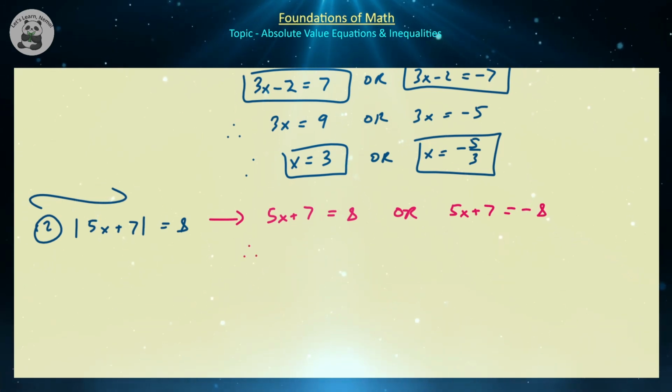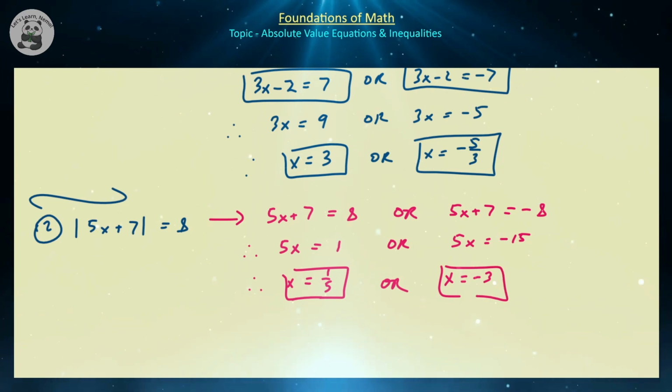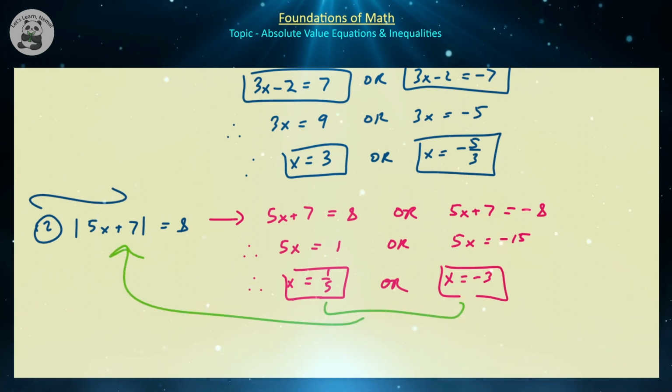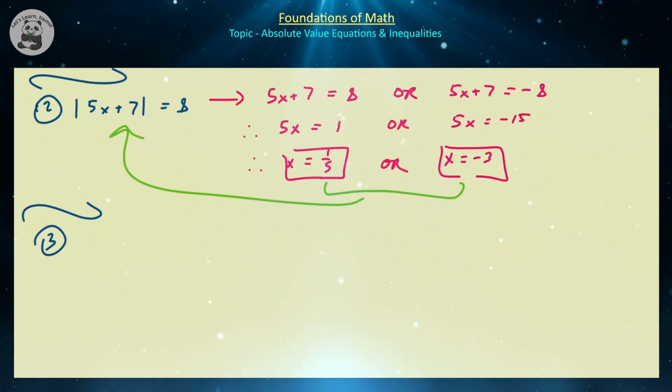Subtract 7 from both sides, so we have 5x is equal to 1, or 5x is equal to minus 15, which means that x is equal to 1/5, or x is equal to minus 3. And you should be able to take both of these and substitute them back in and verify that both of them actually do work. And I definitely recommend this if you're new to solving any types of equations.